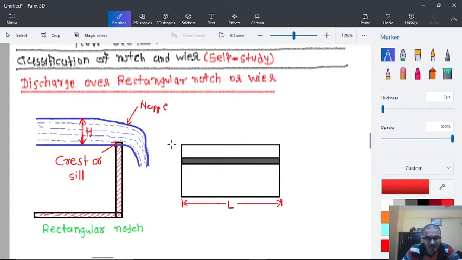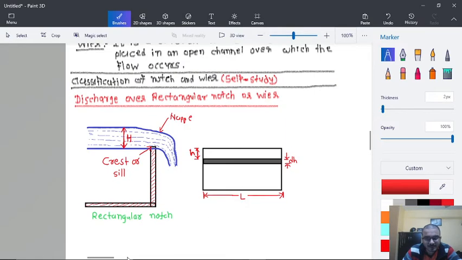And this will be at height h, and this thickness will be bh.